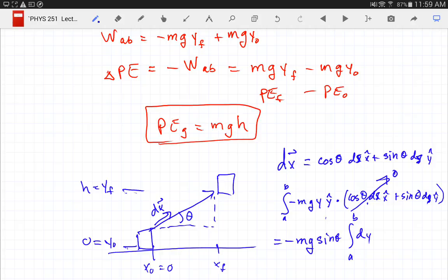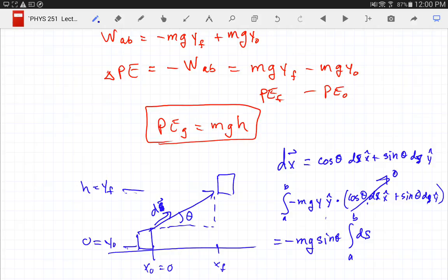I should have used an S and just called this ds there to make it clear. We're integrating going up that path. I really made a mistake there in my terminology. All of the math looks right except for my terminology and the fact that I said this was dx and then I said dx and dy. It should have been ds for the length up the path and then the sine theta.